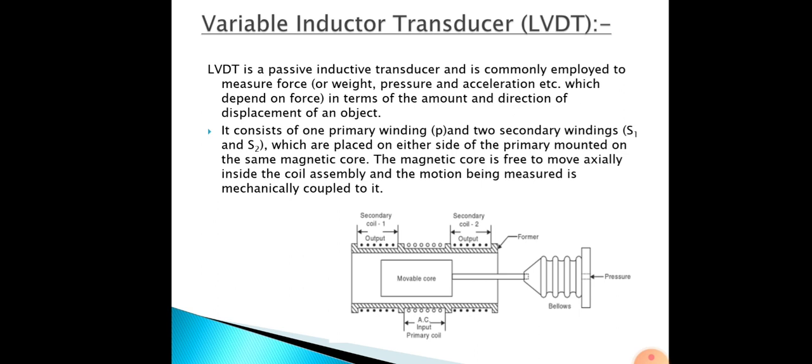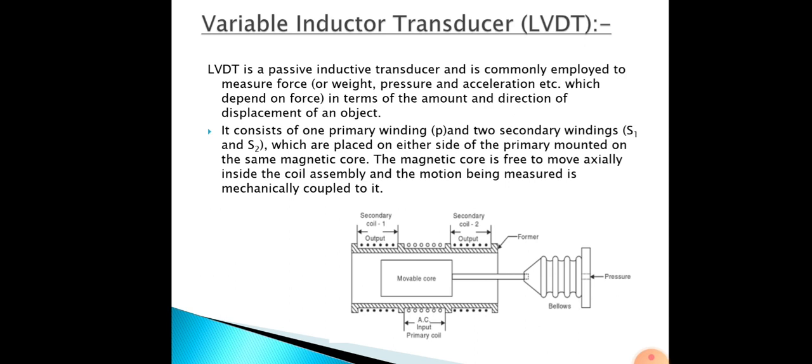When an external force is applied, you can see over there, when pressure is applied to that knob, what will happen? The force moves the core towards coil S2, E2 is increased and E1 is decreased in magnitude. Though they are still in phase with each other, the net voltage will be E2 minus E1.